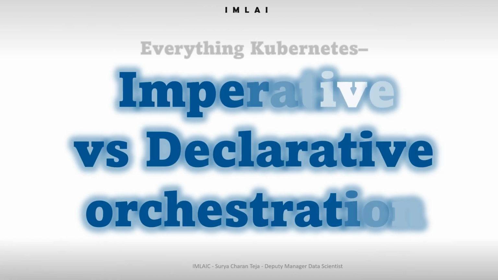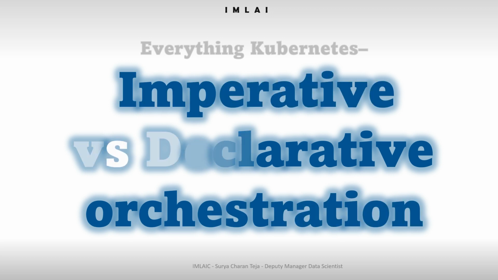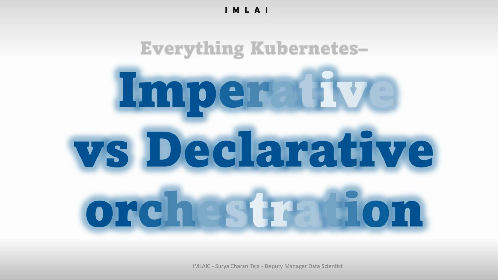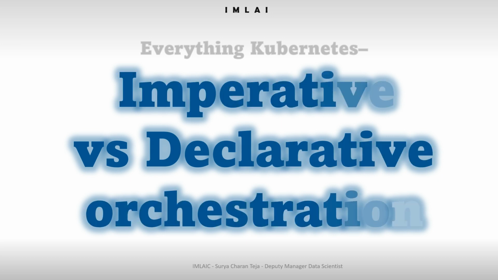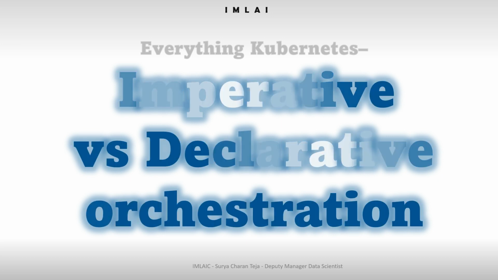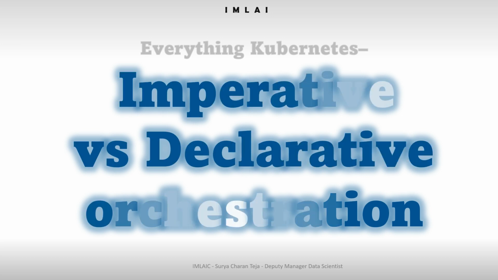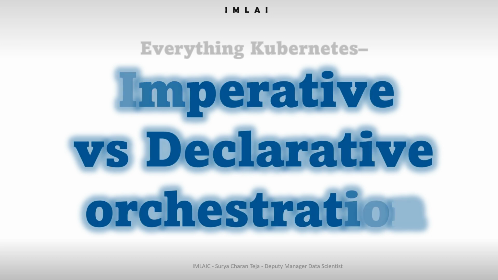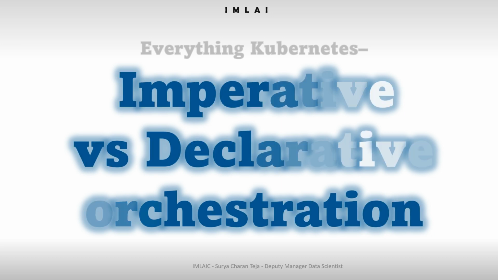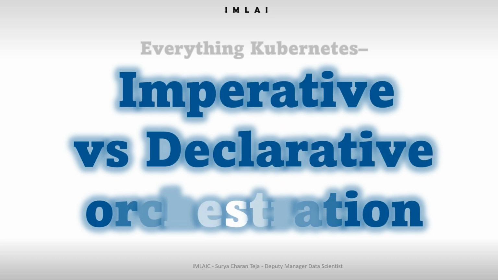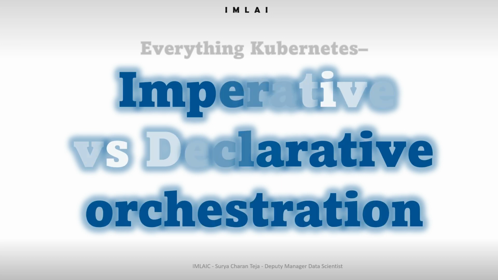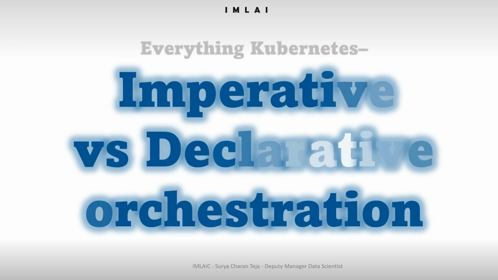Now let's look into the difference between imperative and declarative orchestration. Before getting to the practical steps of the Kubernetes deployment, Kubernetes objects and Kubernetes mega projects, it is important to understand the key approaches to orchestration.